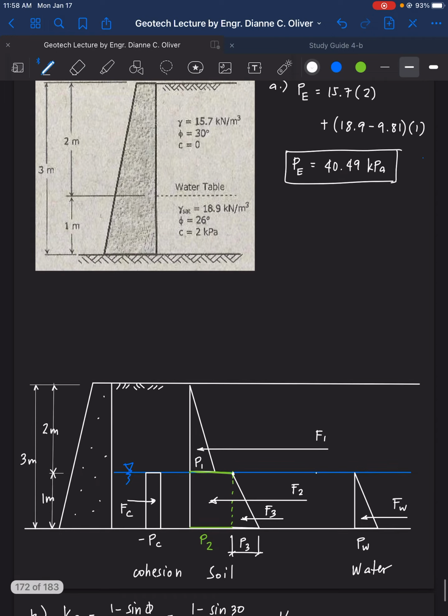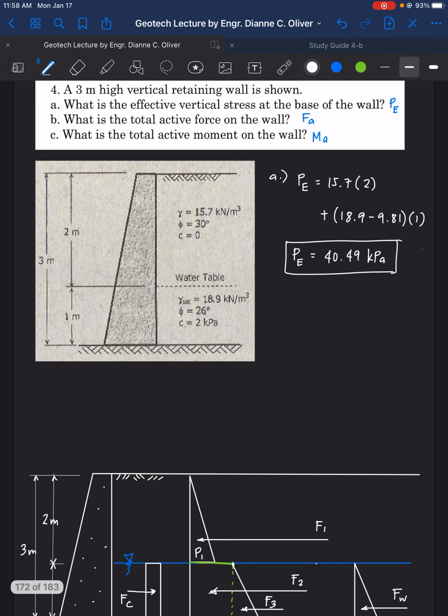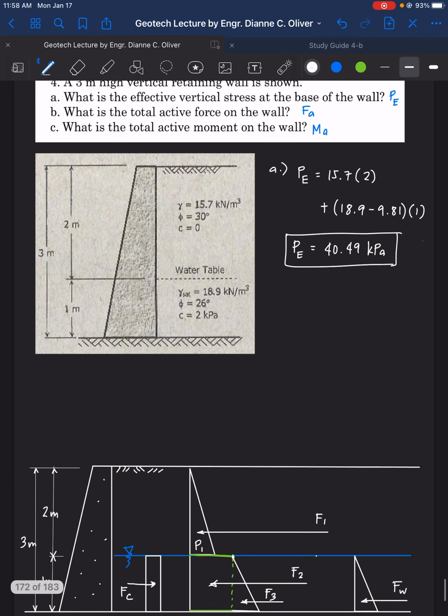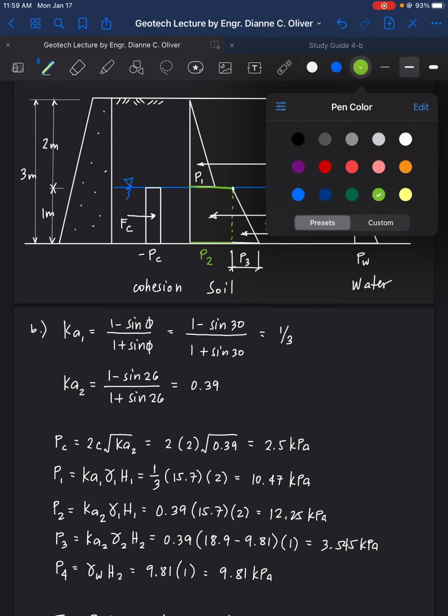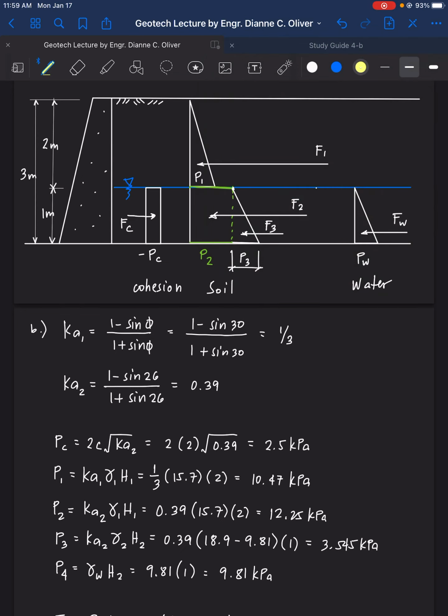Now letter C, what's our letter C? What is the total active moment on the wall? Now to get the moment, we need the values for the distance of the forces from the bottom of the structure. So let's put this here.